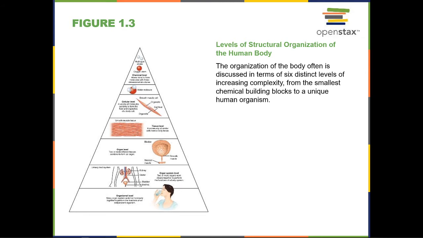Over 96-97% of you is made up of 4 elements: carbon, hydrogen, oxygen, and nitrogen. And we also have lots of other elements within your body, but in very small amounts. Those would be things like trace elements and salts, electrolytes.